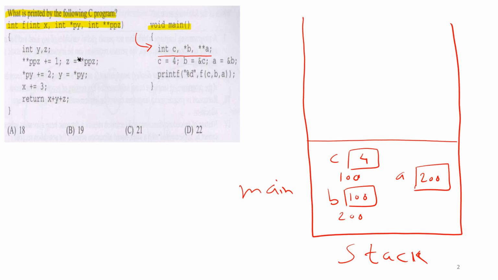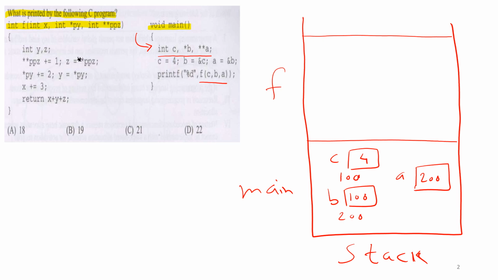Now what we do is we call this function f with these parameters. Whatever this function returns will be printed by this main function. So let's see the execution of this function. When you call this function, a stack frame for that function will be pushed onto the stack. So this is the stack frame for f.